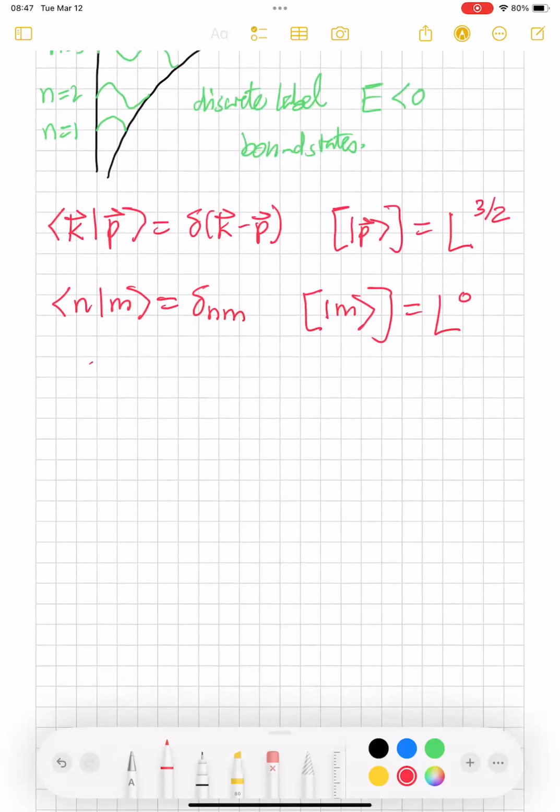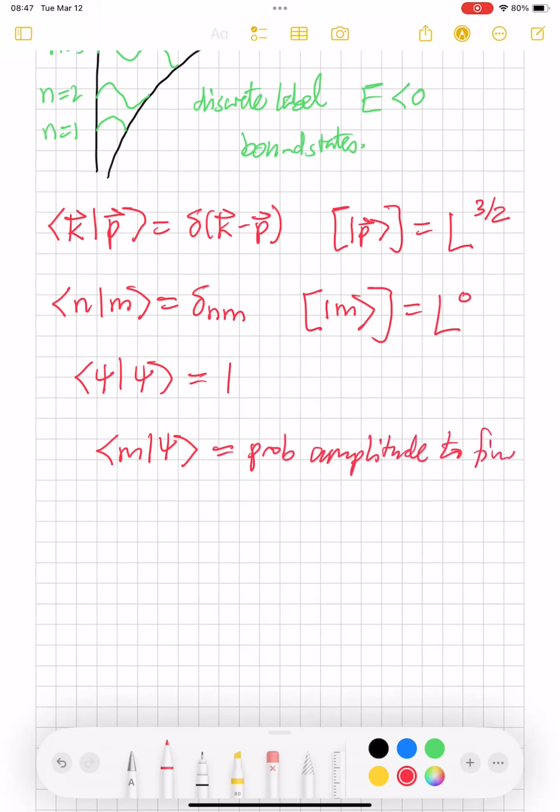If you have a state psi which is normalized, then if you work out the overlap of bra m with ket psi, this is the probability amplitude to find the particle in state m.